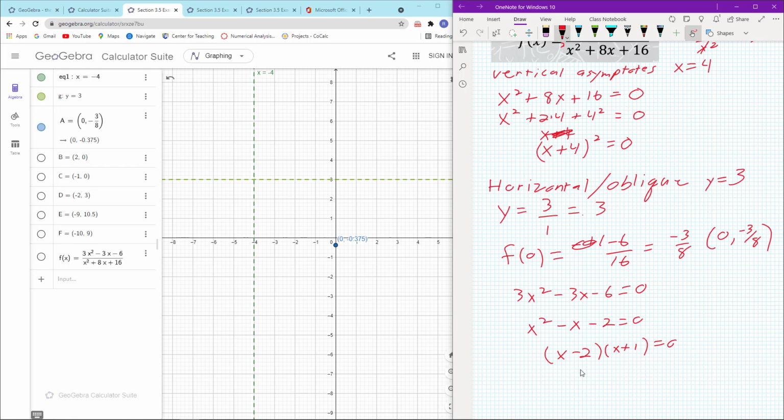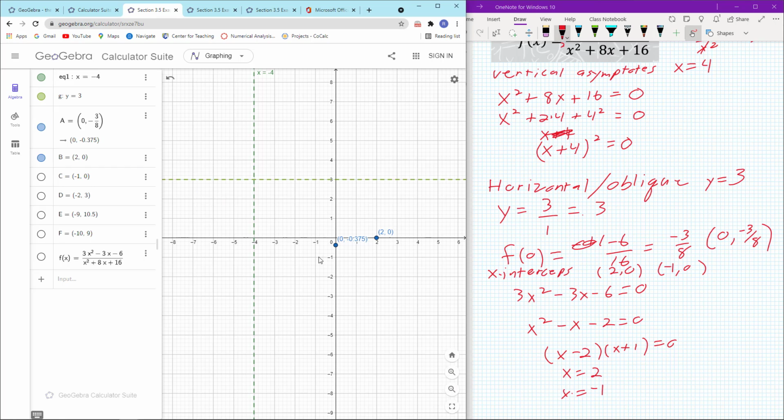The solutions here will be x is equal to 2 and x is equal to negative 1. So we are going to have x-intercepts at (2, 0) and (negative 1, 0). And where would those be? Well, this will be (2, 0) right there. And then here is (negative 1, 0).